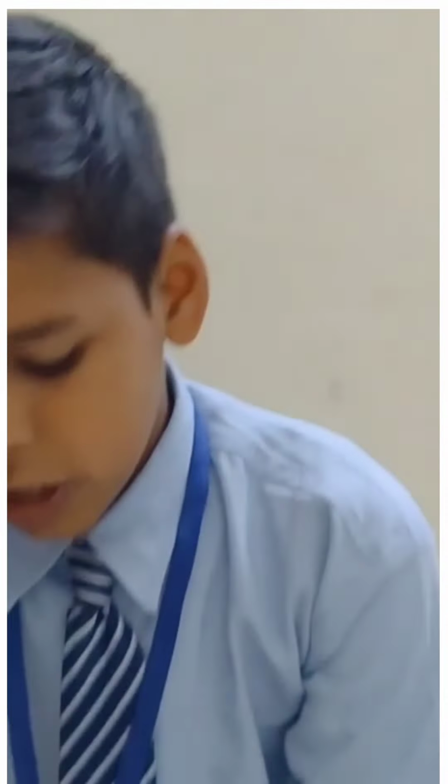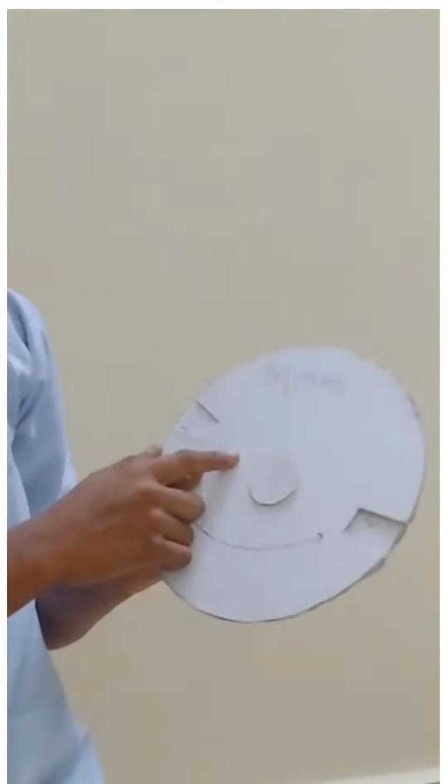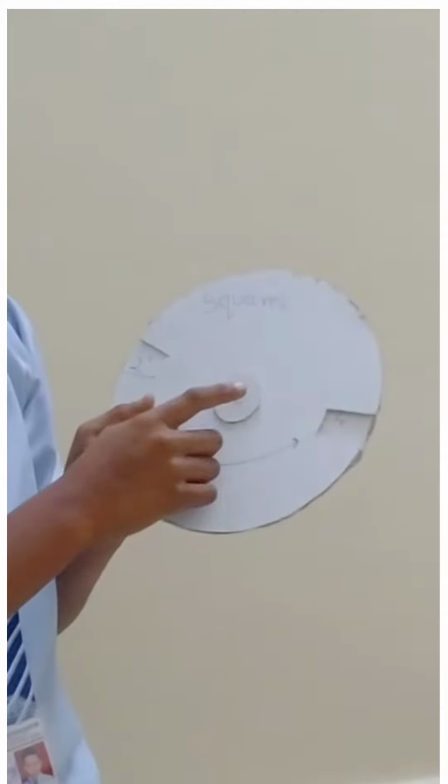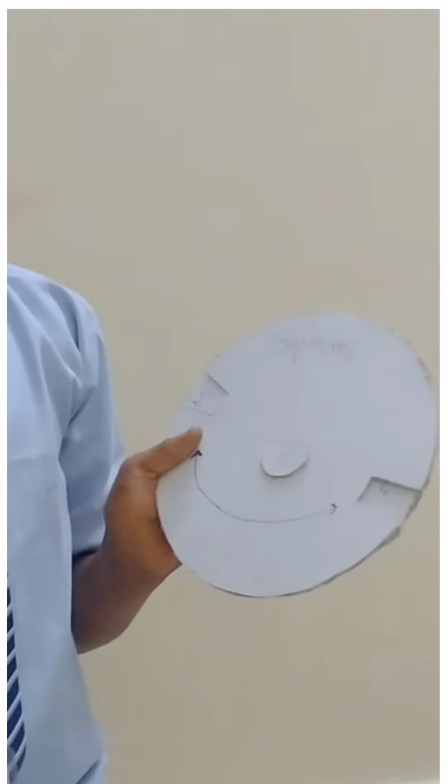For preparing this, I made a squares model. First, I took one cardboard and cut it. Then I took one small circle and a thread.